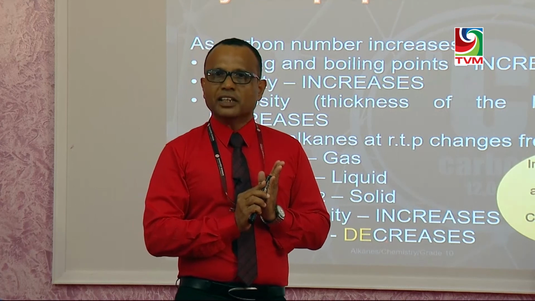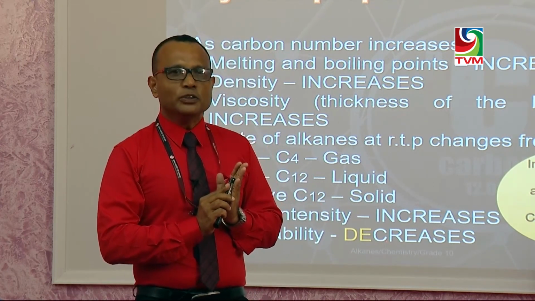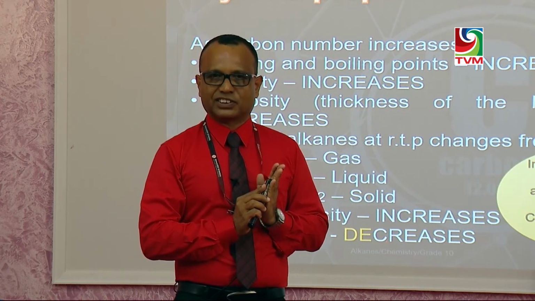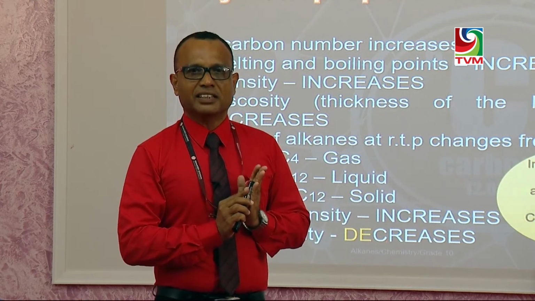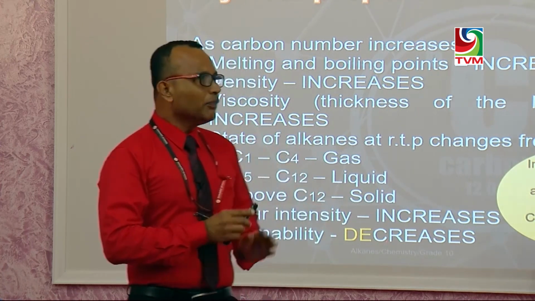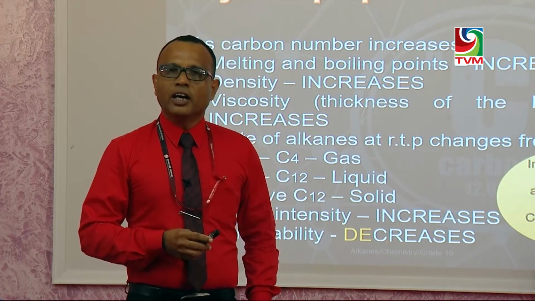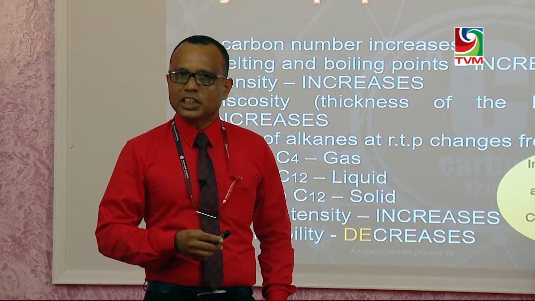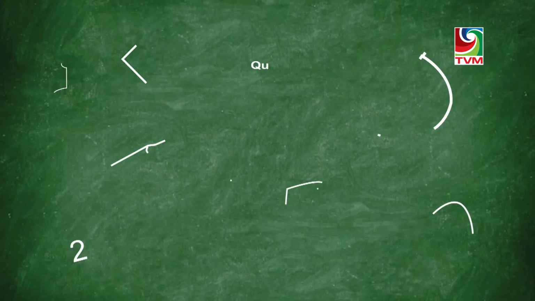And then we studied the most important part of the lesson, how to identify isomers. You may try with even hexane. Then we learned what the physical properties of alkanes are, and we saw how these physical properties change in trend. Thank you very much.